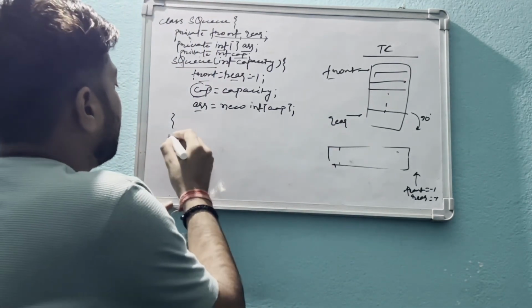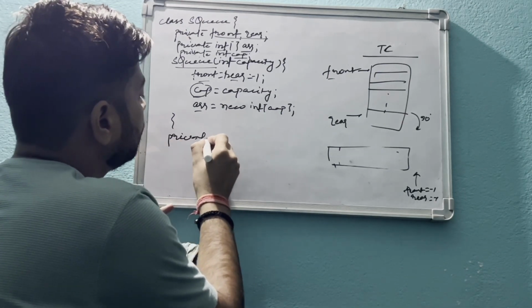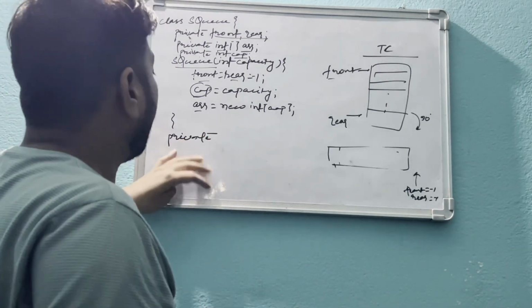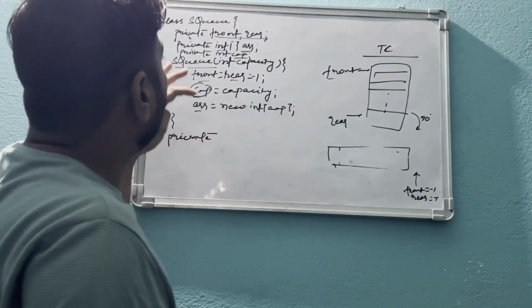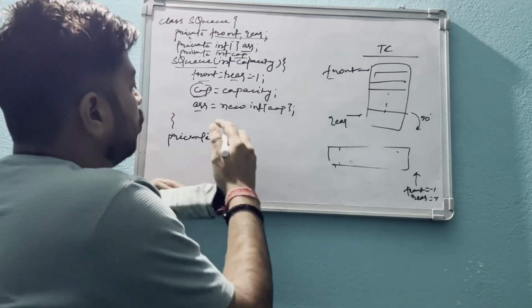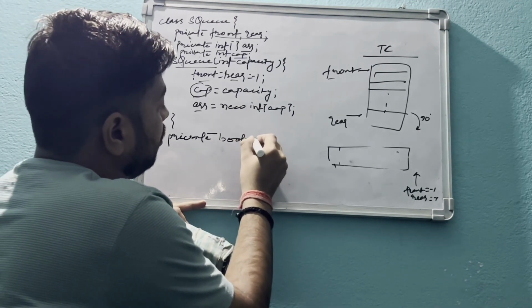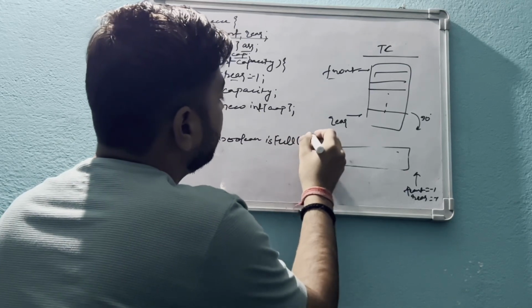So I'll be needing these two methods. I'm keeping them private because I don't need any other class to access this member of the singly queue. The return type would be boolean only. isFull would be the very first function.